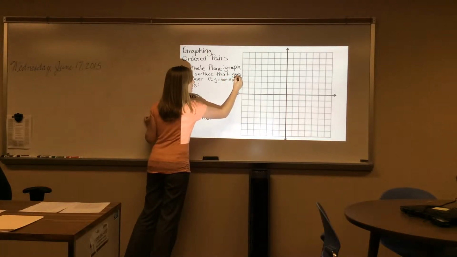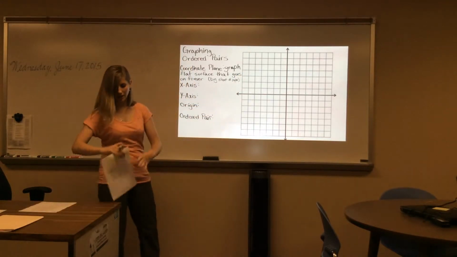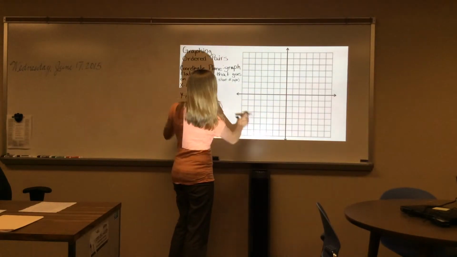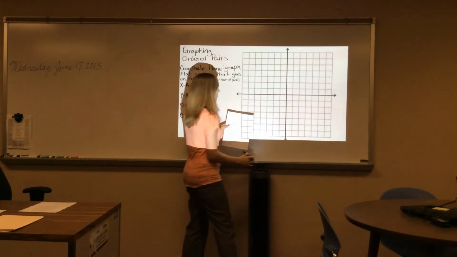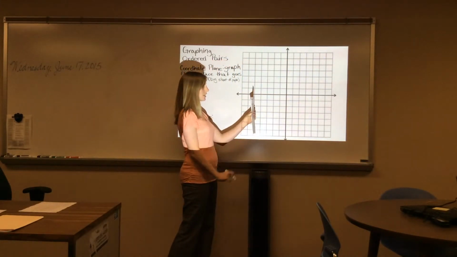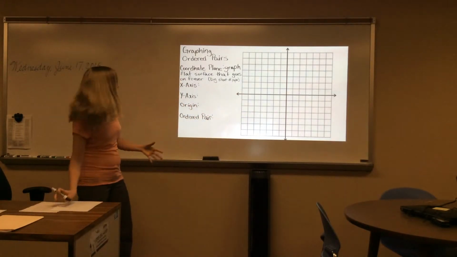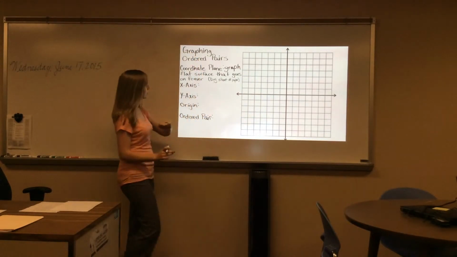There's no thickness to a coordinate plane, it's just flat. Again, I think of a piece of paper, but it goes on forever, so it's a ginormous one. That's what these arrows represent, that it goes on forever in these directions. But again, there's no thickness, just like there's no thickness to a piece of paper. So that's the coordinate plane, the graph that we are going to be graphing the ordered pairs on.